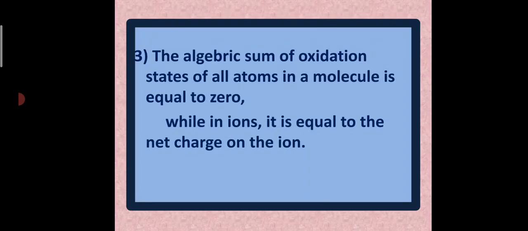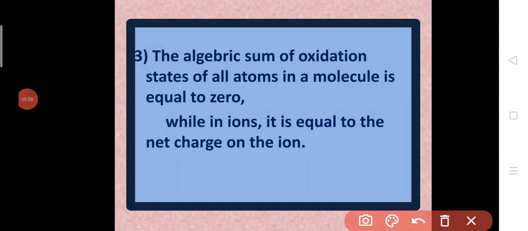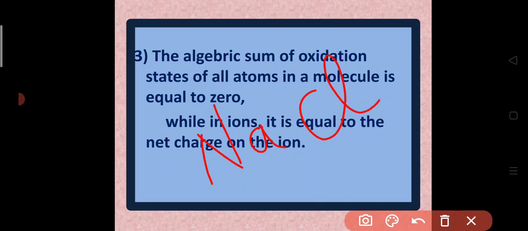The algebraic sum of oxidation states of all atoms in a molecule is equal to 0, while in ions it is equal to the net charge of the ion. If we take a compound and add up the oxidation numbers, it should be equal to 0. For example, take NaCl: Na+ and Cl-. Na has oxidation number +1 and Cl has oxidation number -1. When we take the algebraic sum of both, it is 0.